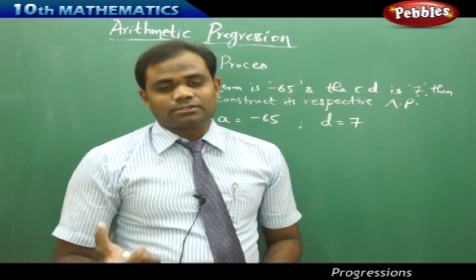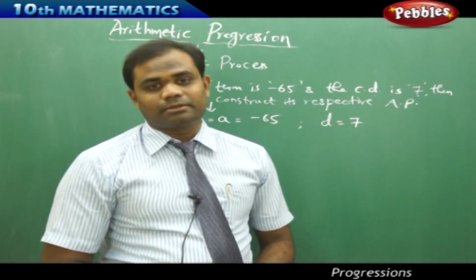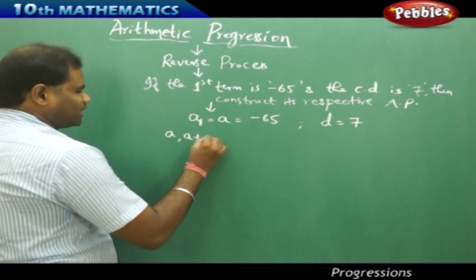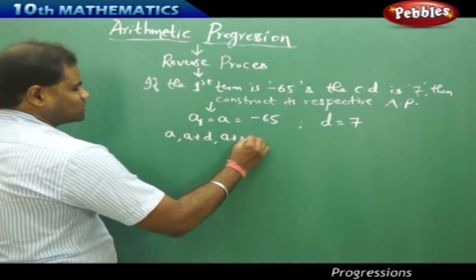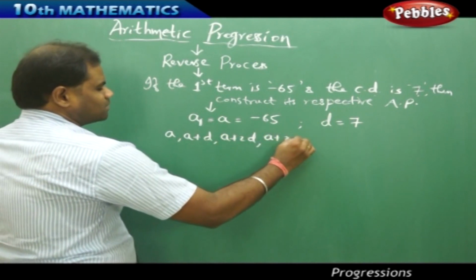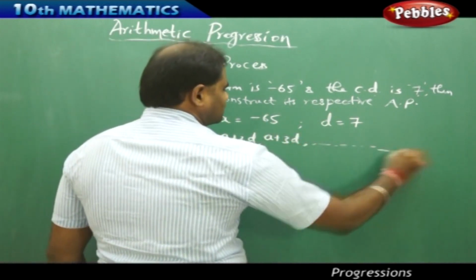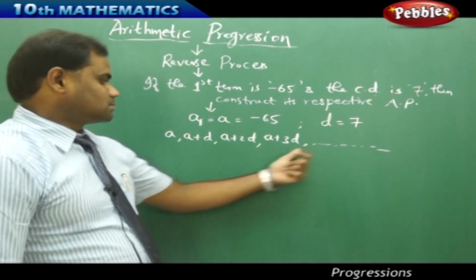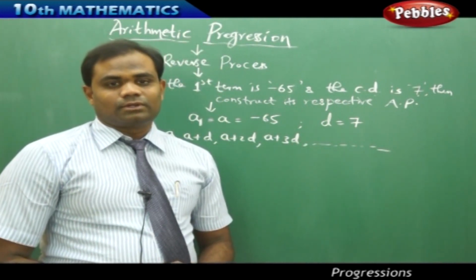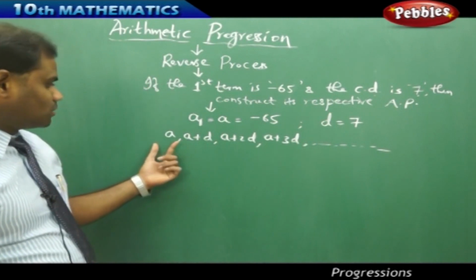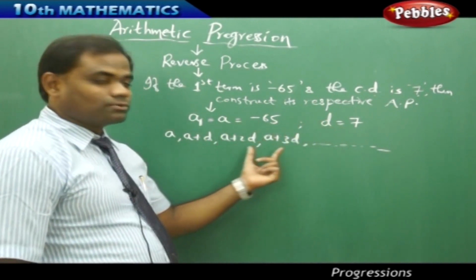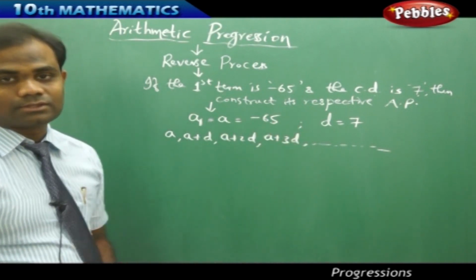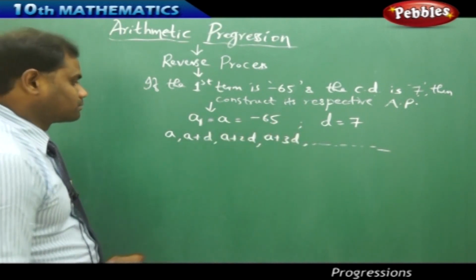We can do that because if we revisit the general arithmetic progression, it is A plus D, A plus 2D, A plus 3D, and so on and so forth. Now because I know A and D, I'm going to substitute in each of the terms, where I get the whole of the sequence.